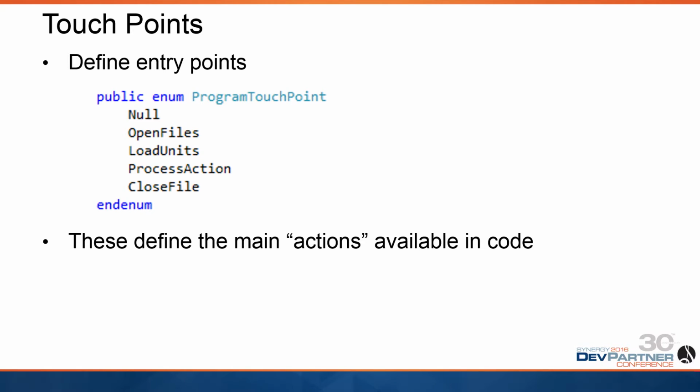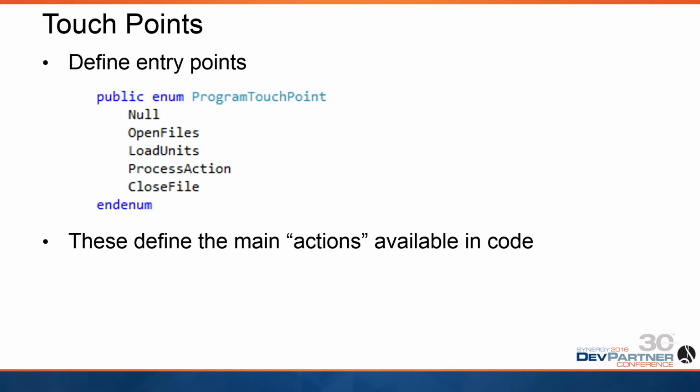And I need to not do them all sequentially. When I run the program in its traditional form, I would open the files, I would then load units, whatever these units are, I would then process some action, i.e. processing the units I've just loaded, and then I'll close the files. How it does all that, I'm not bothered about. What I've done is define the touch points that says, I can call you and I just want you to open the files.